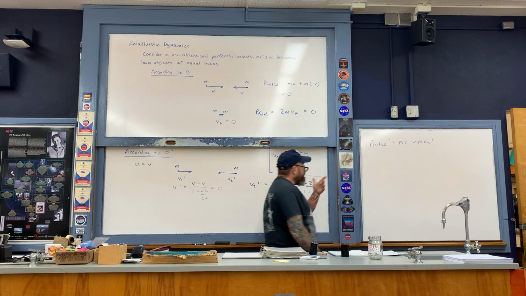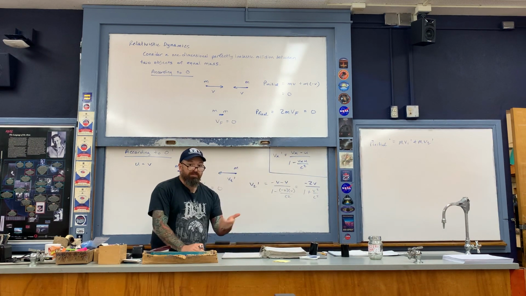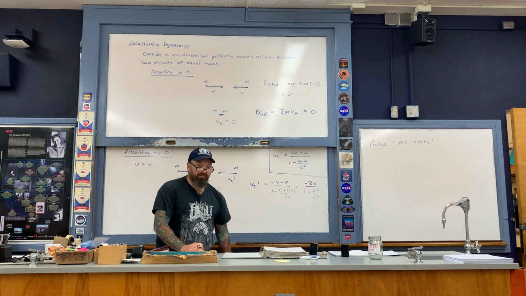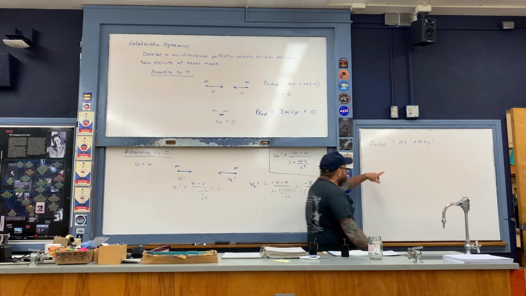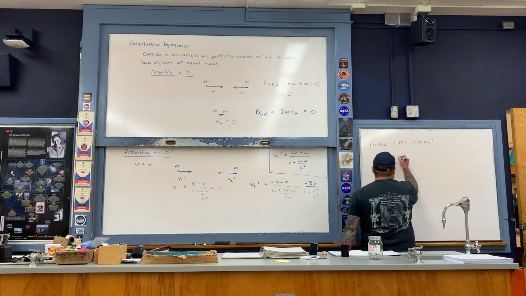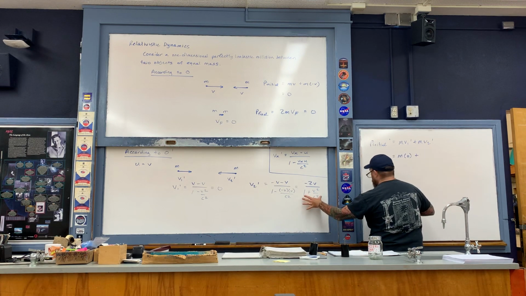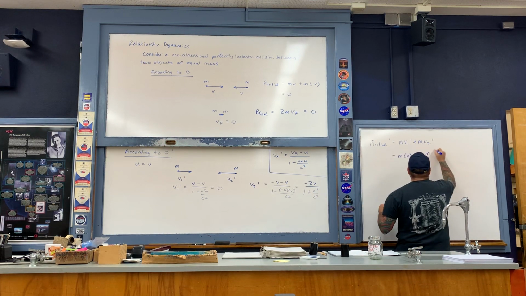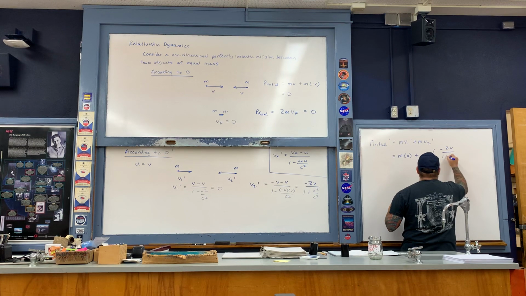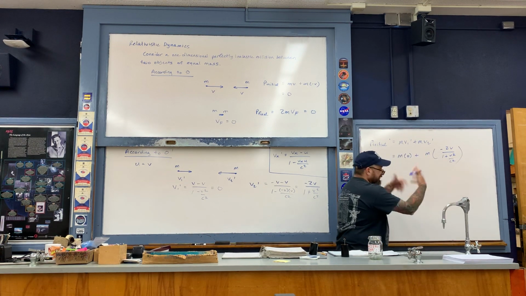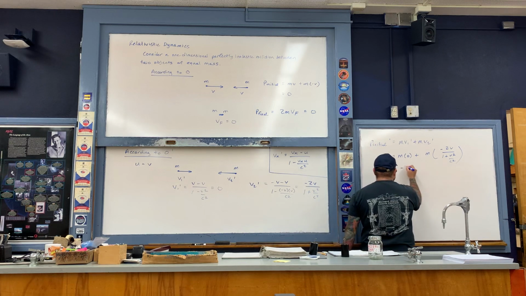And now let's go ahead and plug in what we calculated for v1 prime and v2 prime by using the Lorentz transformation. So v1 prime, remember, is equal to 0. And then v2 prime is this guy here that we calculated. So m times negative 2v over the quantity 1 plus v squared over c squared. If you clean this up a little bit and simplify some stuff, you basically just end up with this.